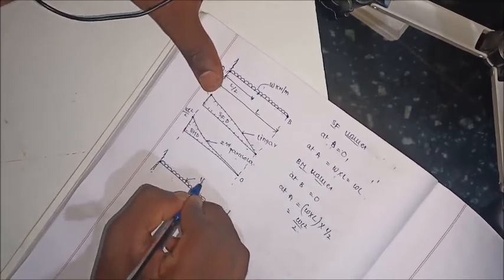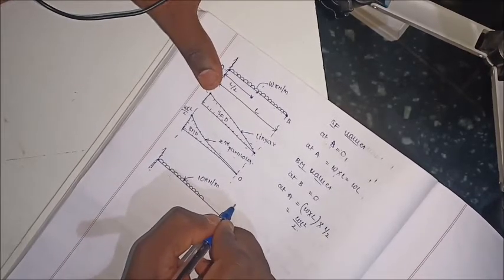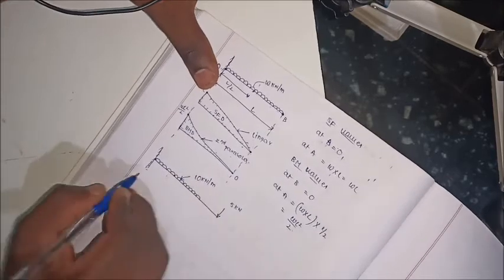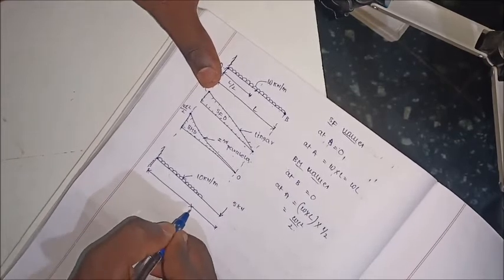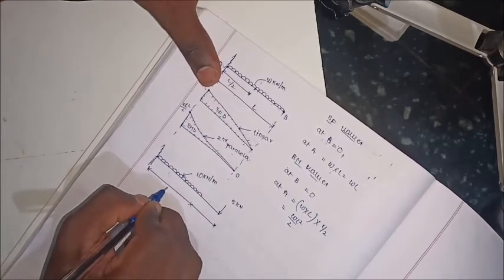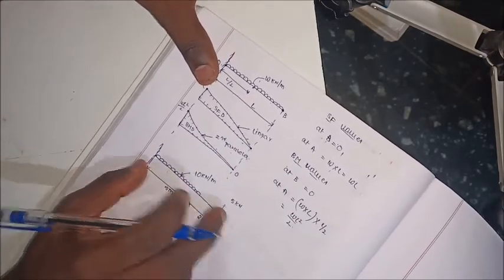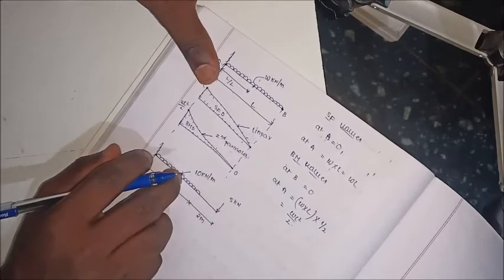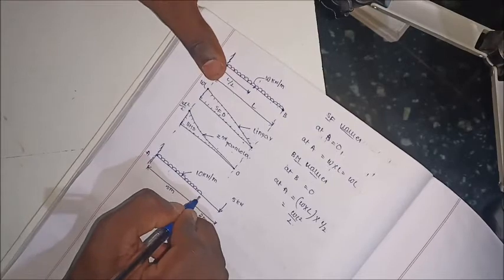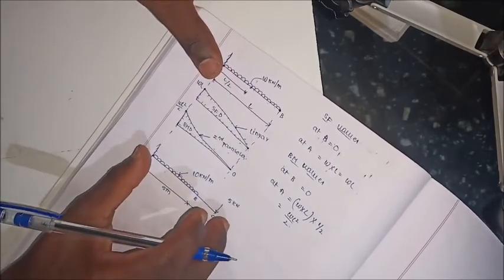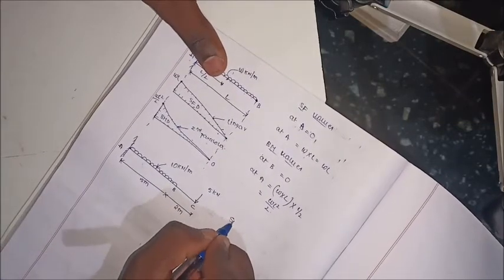This is 10 kilonewton per meter and this is, for suppose, 5 kilonewtons, and their distances are 5 meters and 2 meters. This is the cantilever beam, with a point load and a UDL. Now give annotations A, B, C. Now calculate the shear force values.